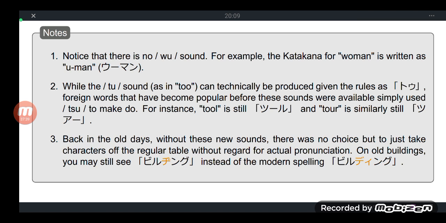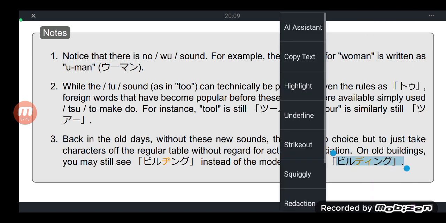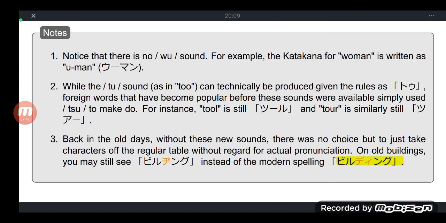See in the bearding here, because there is no direct di in Japanese, they have used the te and then combined it with the small I. So what is the effect? The te, then you place a dakuten form and then immediately you add a small I. So that will be an equivalent for di. So hence bearding.